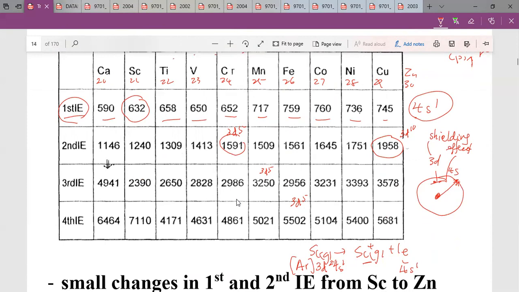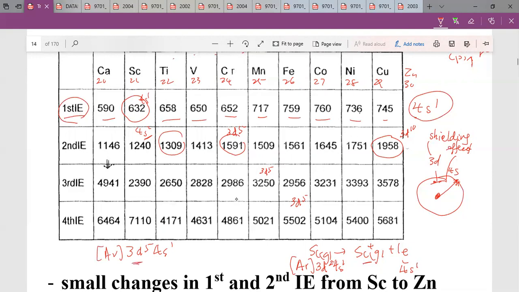Now the second IE for titanium also comes from 4s. This is from 4s1, this is from 4s2, the second electron, except for chromium, because chromium is Ar 3d5 4s1, because of the special extra stability of the half-filled orbitals.